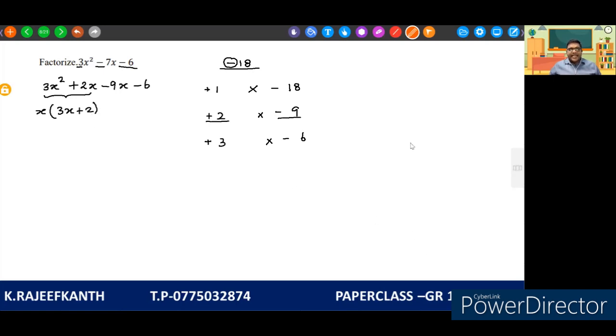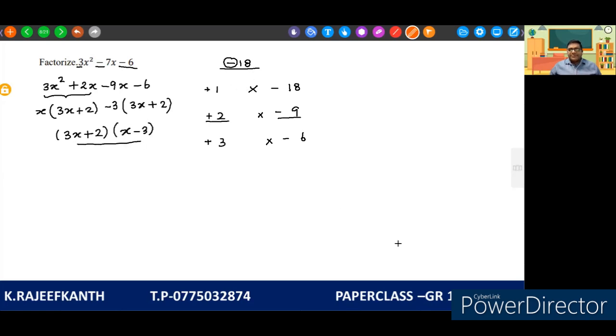Then minus 9x minus 6. So here we can take -3 as the common factor. Then 3x plus 2 is the common. Then we can take that 3x plus 2, then the balance is x minus 3.